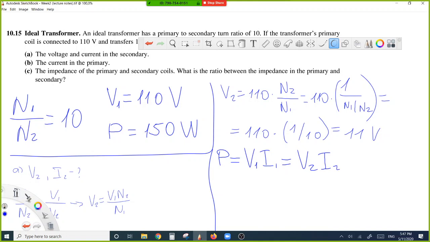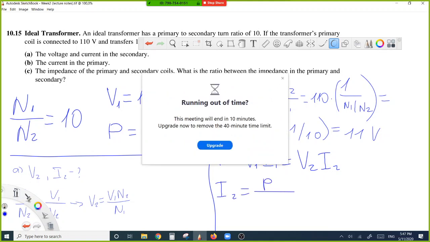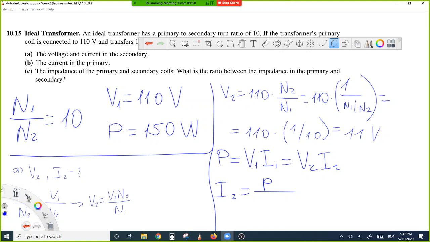And okay, from this equation we can simply find I2 as equal to P over V2, and P is 150 watts.